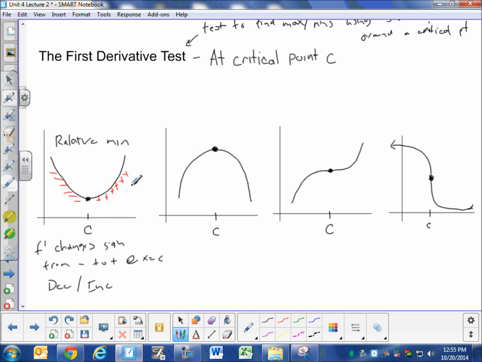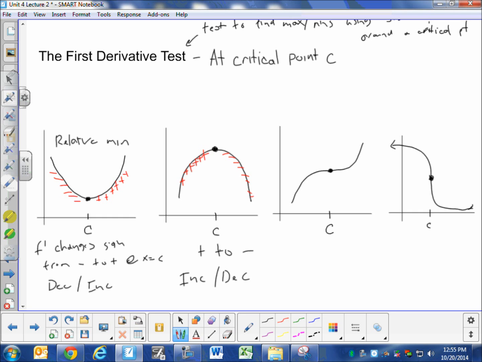Situation here, my derivatives go from positive to negative from the left to the right at C. Which means my function's going from increasing to decreasing.